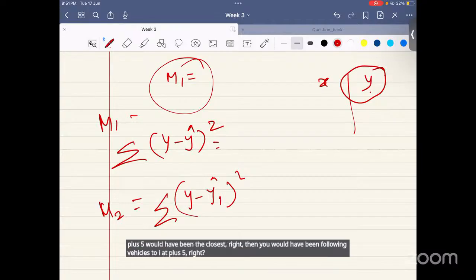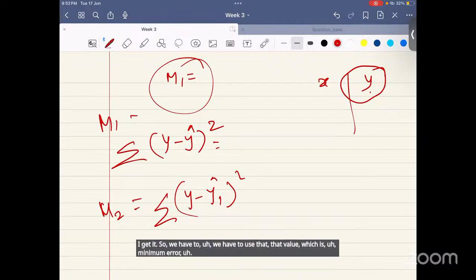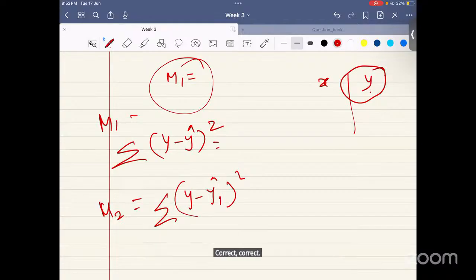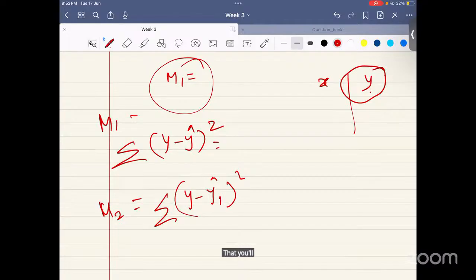Are you getting me? So we have to use the model with minimum error from the given value. Correct. The minimum sum that you are calculating will be one of the better models.